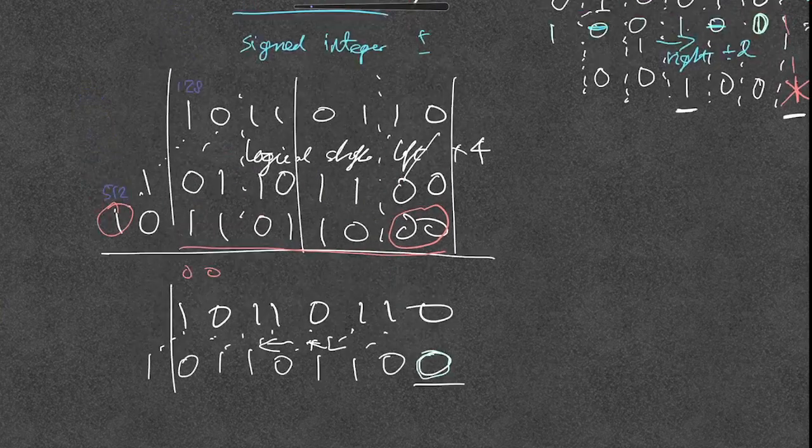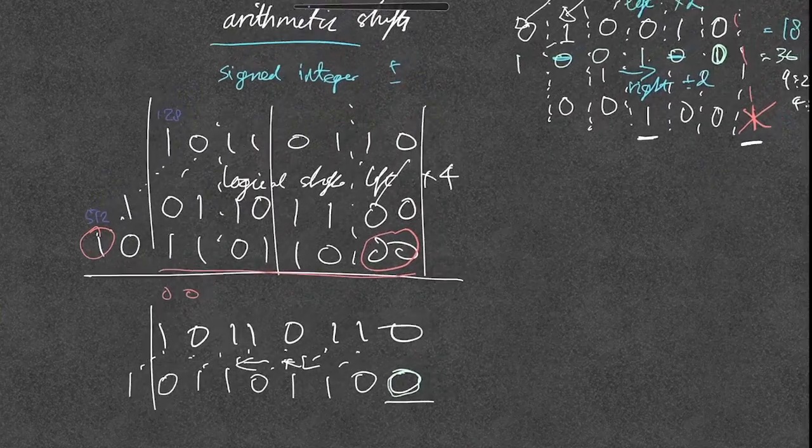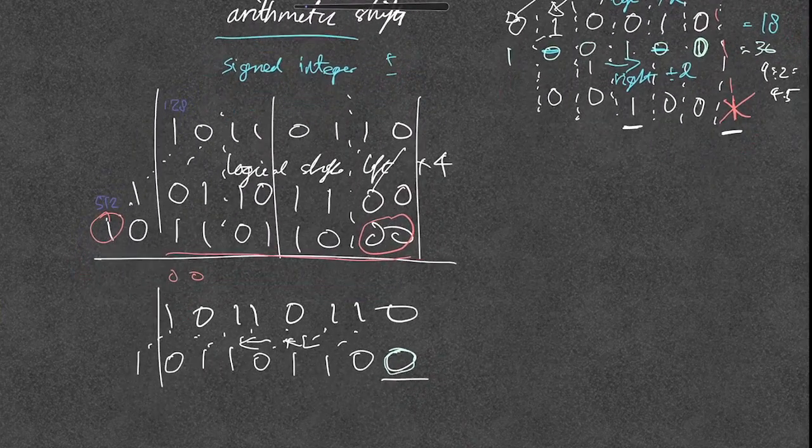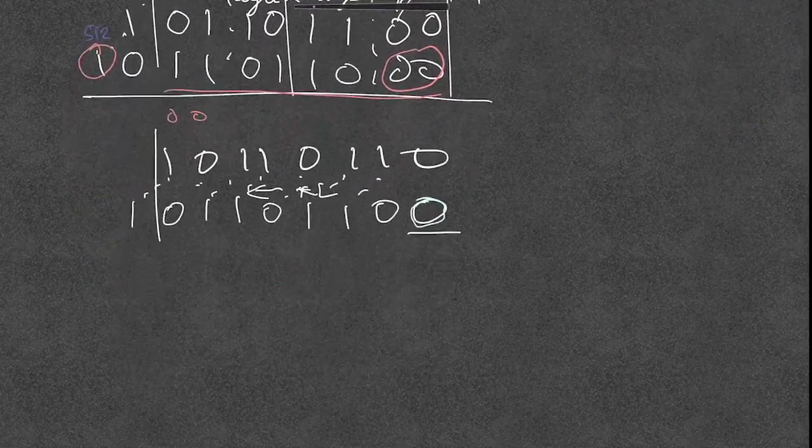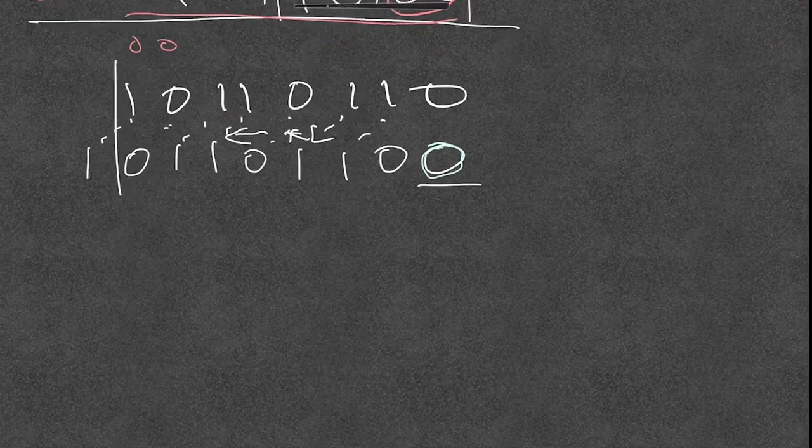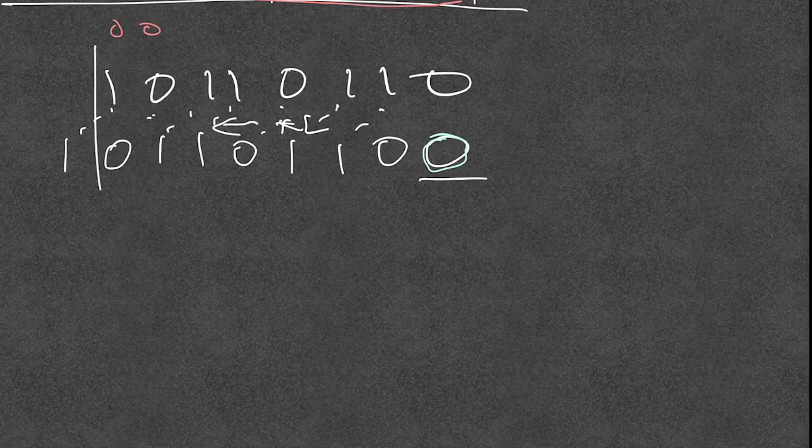Now, as I said to you before, arithmetic shifts are generally on signed integers. So let's just assume right now that if we're doing an arithmetic right shift, we're dealing with a signed integer, which means that this column here is minus 128.